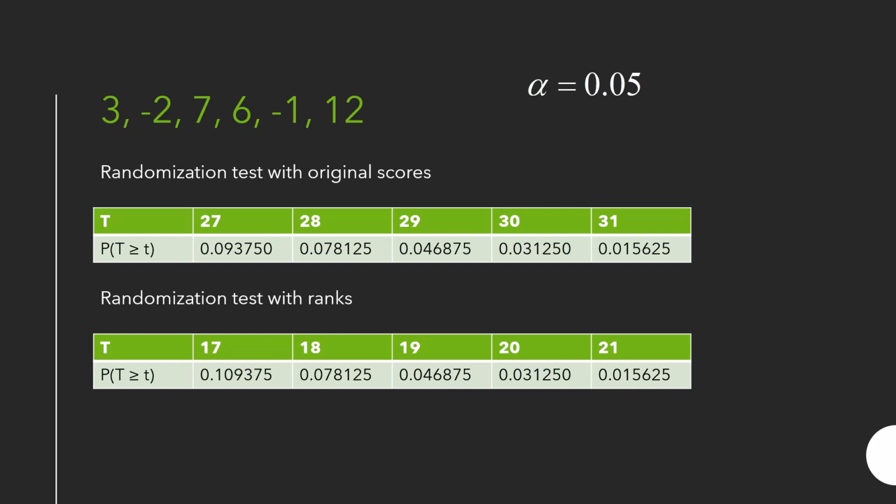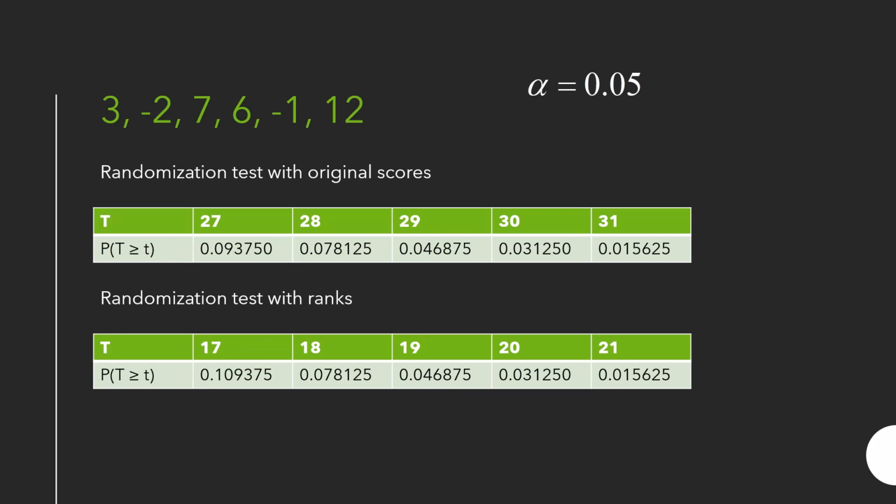That value is 29, and the probability of 29 or greater is 0.046875. That value of 0.046875 is our probability of making a type 1 error if the null hypothesis is true, not 0.05.